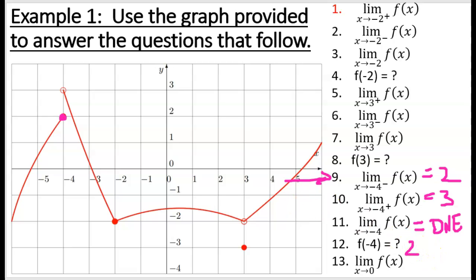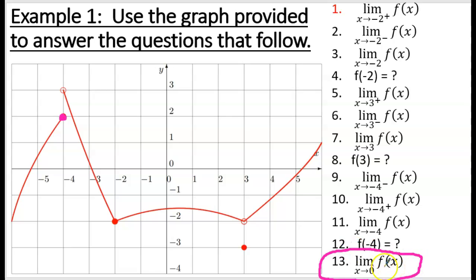All right, one more question. Now in this question, I'm not going to do it the same way I did the other ones, and yet I am. So what do I mean by that? Well, look at it. I'm asking what is the limit of f of x as x approaches 0? First, let's find where x equals 0. That's right here on my graph.